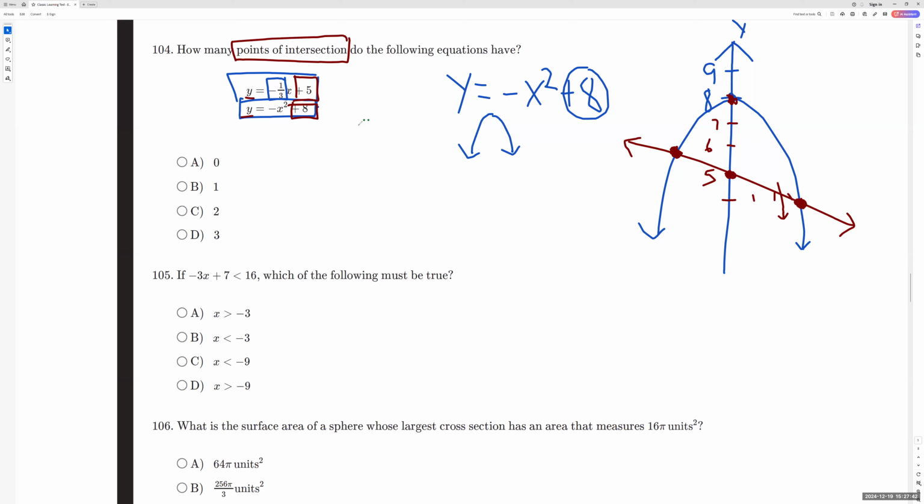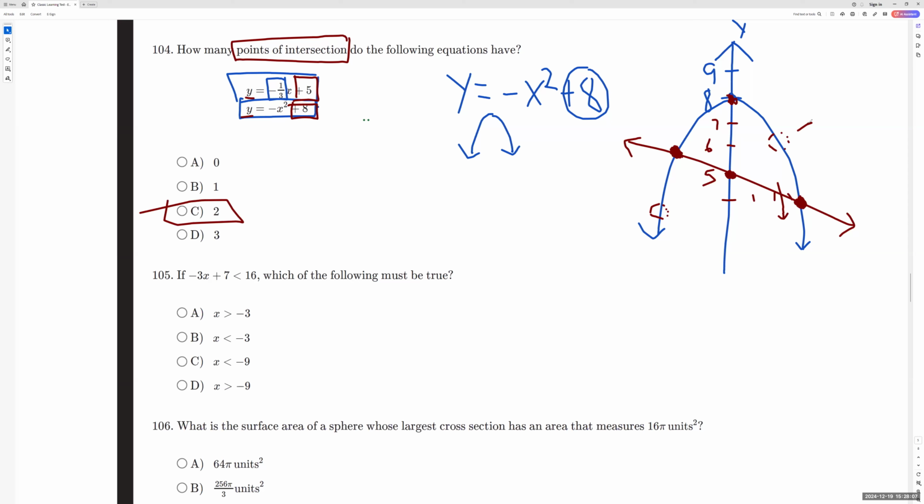It's going to cross on each of the arms of the parabola because of the 8 and because of the 5. Even if it was a positive slope, if the line was going that way, which is not, it's going to be crossing potentially in 2 points. So it is 2 points. This is a point of intersection. That's number 2. There's nothing else to talk about.